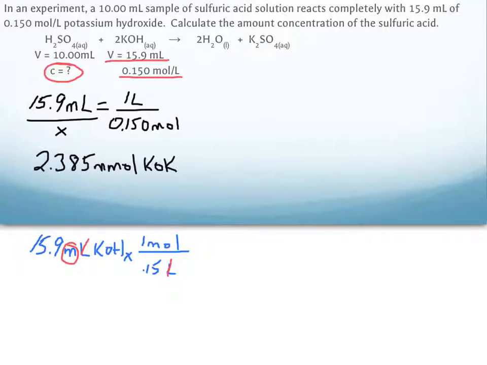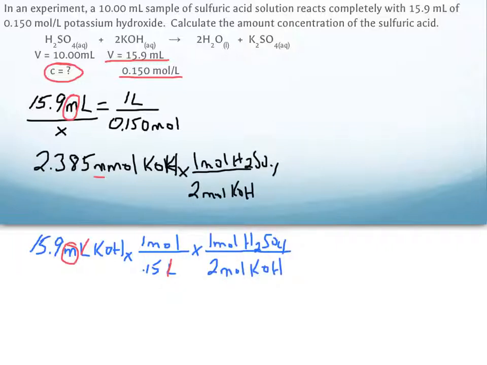The same as on the bottom, we are going to have to keep the milli because we had a milliliter. If you don't want to do this, you can always change it into liters before you start your math portion. Whoops, this should be KOH. I'm now going to use my mole ratio to get the moles of sulfuric acid. So on the top, I have to put my sulfuric acid because that's what I'm looking for.